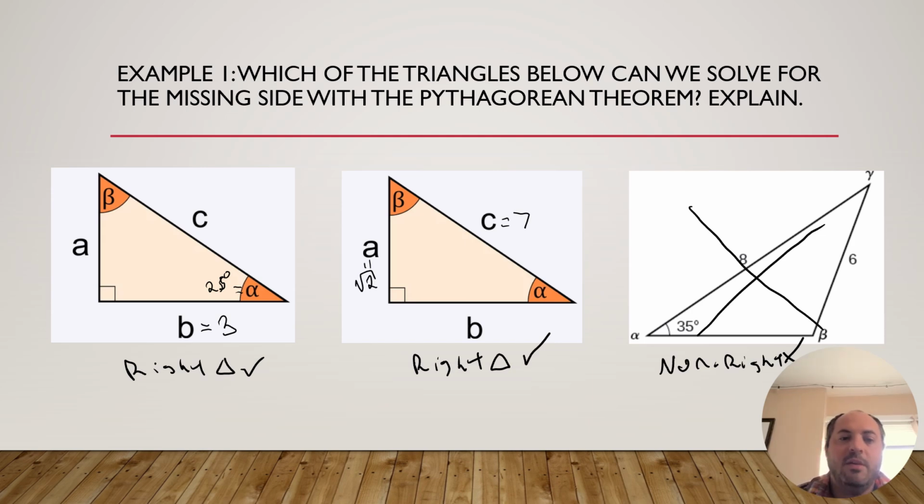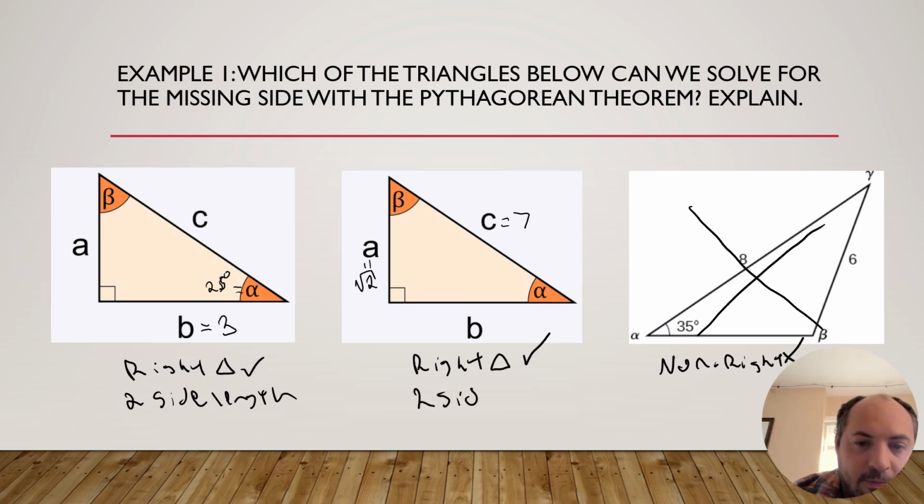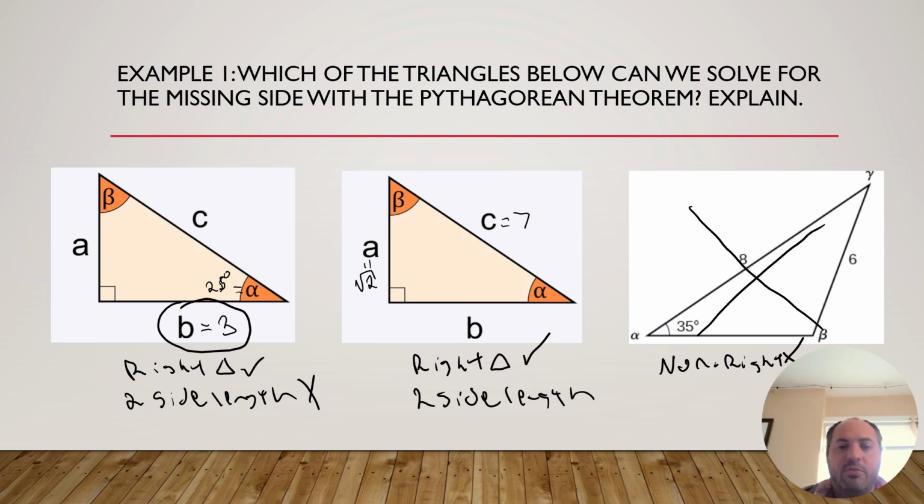The second piece of information is, do we know two side lengths? And the answer to that question is, for this first one, no. The only side we know here is 3. That's not enough information to use the Pythagorean theorem, so we cannot use it to solve for side lengths in this triangle.